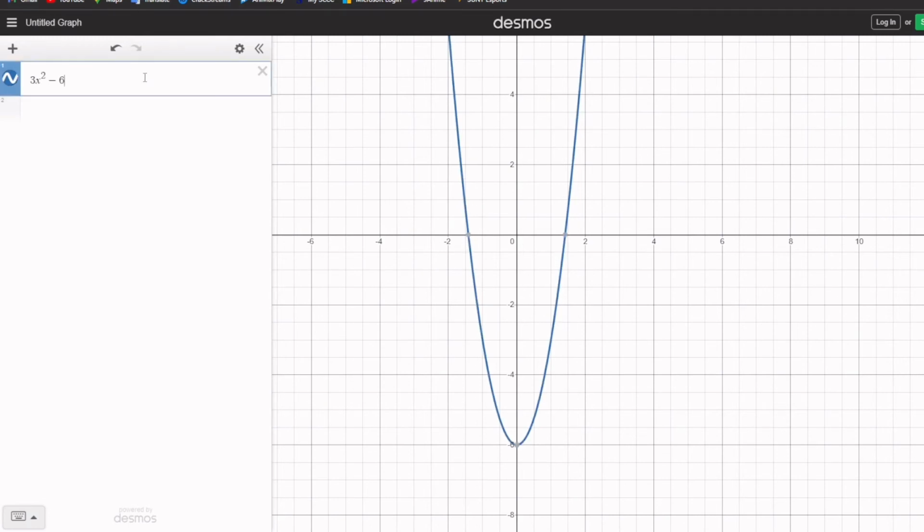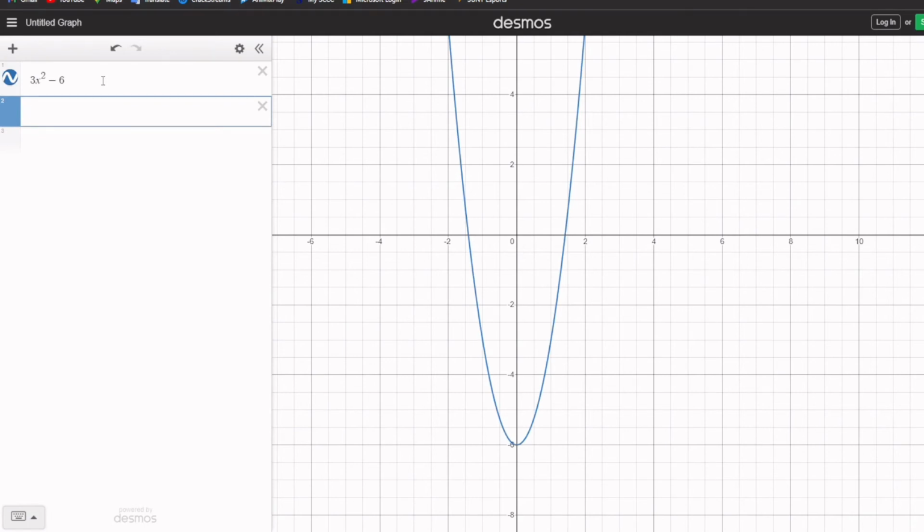We see the critical points here, negative 1.414 and positive 1.414. From negative infinity to negative 1.414 and from positive 1.414 to infinity, the function f is going to be increasing, but in between these, the original function f is going to be decreasing. And we'll be able to see this when we enter our original function.